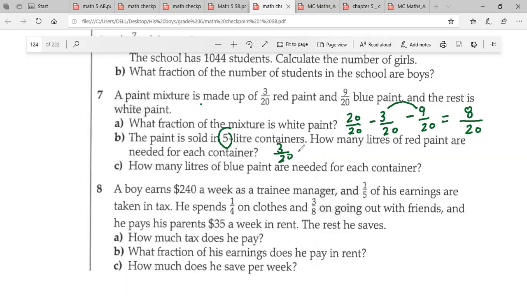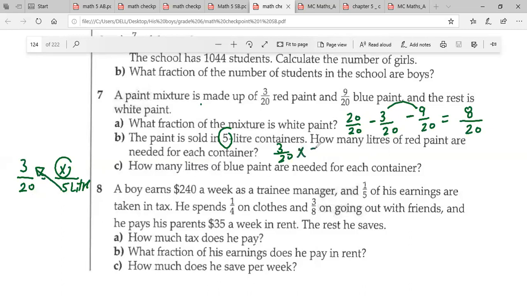3 out of 20 means 3 over 20. If 20 becomes 5 liters, what does 3 become? So it's cross multiplication: 3 out of 20 multiplied by 5.